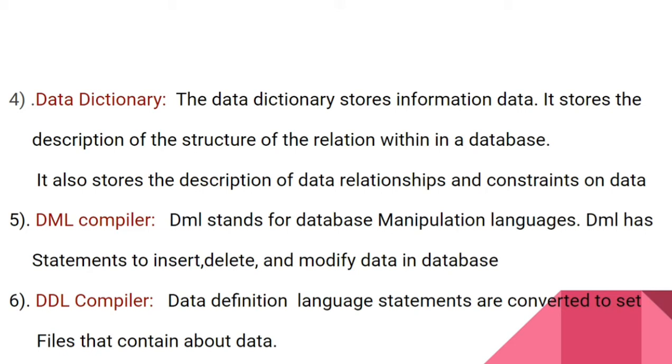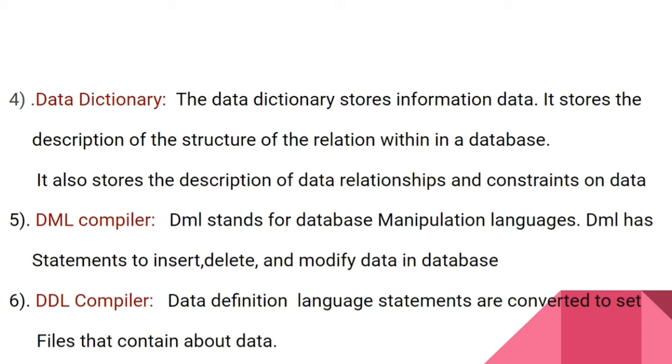In the data dictionary we save the description of the tables. So for the student table, it saves the metadata of the student table: the description of the data and of the table, what it contained, and when it was created.